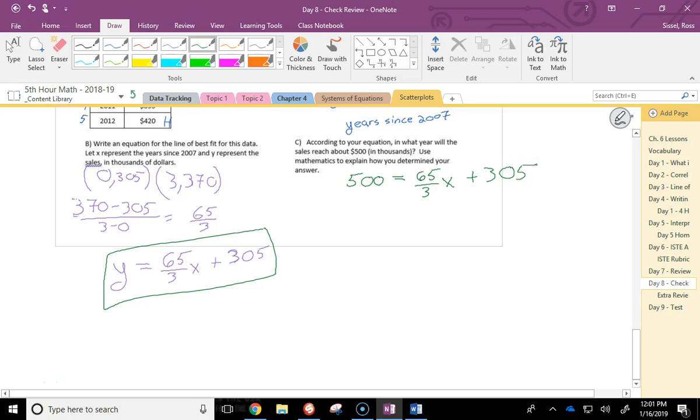We are solving for x this time. All the other times in our practice, we've done a lot where we've solved for y. We've replaced x. This one's backwards, but it's nothing different. You still solve for x, so I minus 305. And this would become 65 thirds x. This would be 195.